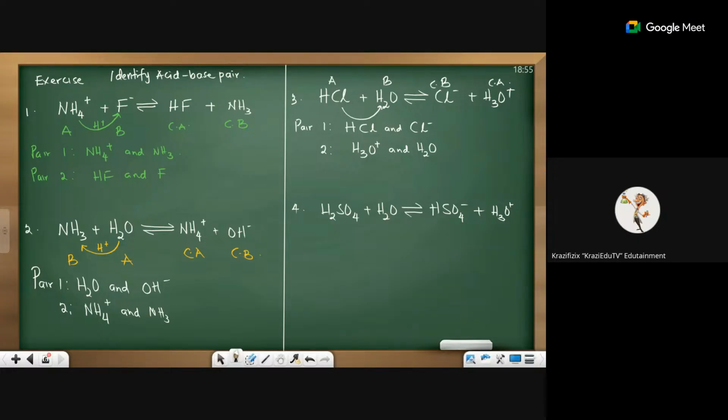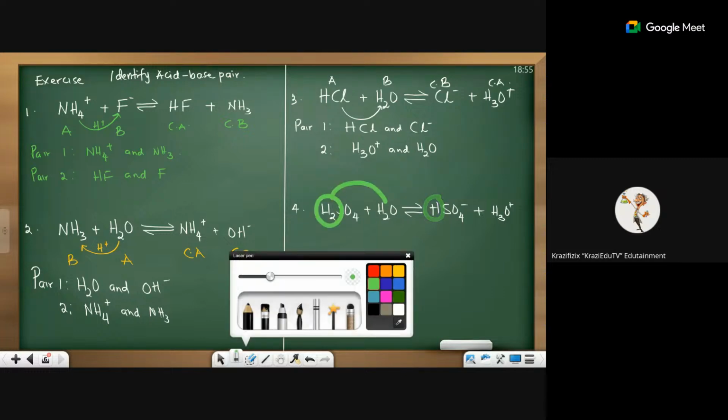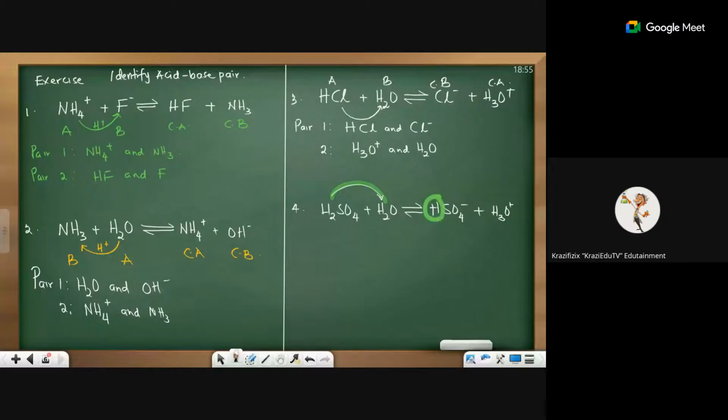What about this one? The water becomes H3O. So this one is beautiful. Look at this. 2 hydrogens. What do you have here? 1. Oh, so it's gone that way. So this is my acid. Whatever it becomes a conjugate base.